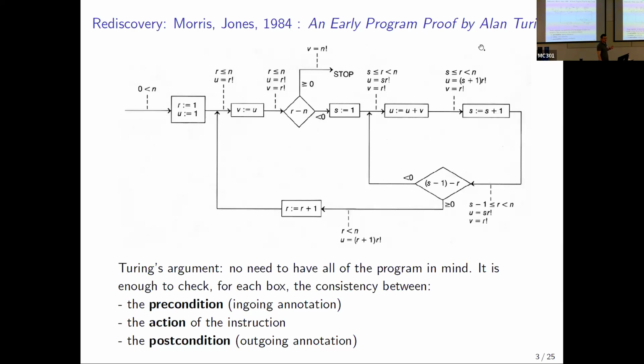You only need to check little boxes. The ingoing arrow is the precondition of the program, and the outgoing arrow to stop is the postcondition. Here you assume that n is strictly bigger than 0, and you say that v will contain n factorial. For each box you check consistency between the ingoing annotation, the action of the instruction, so assignments mostly, and the postcondition of the annotation.